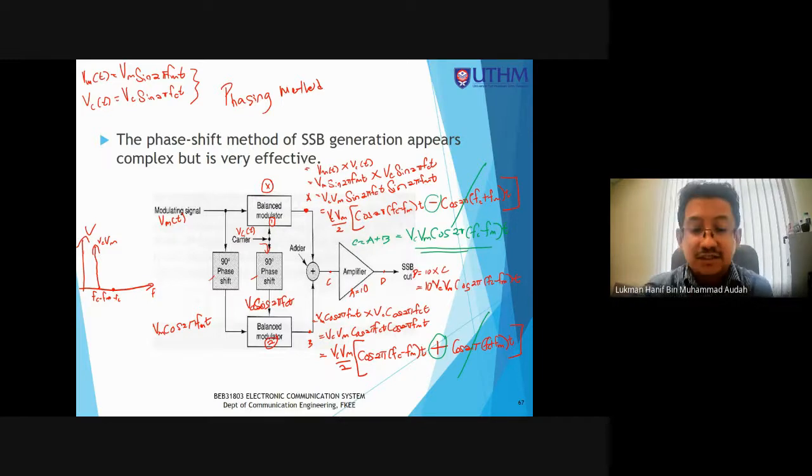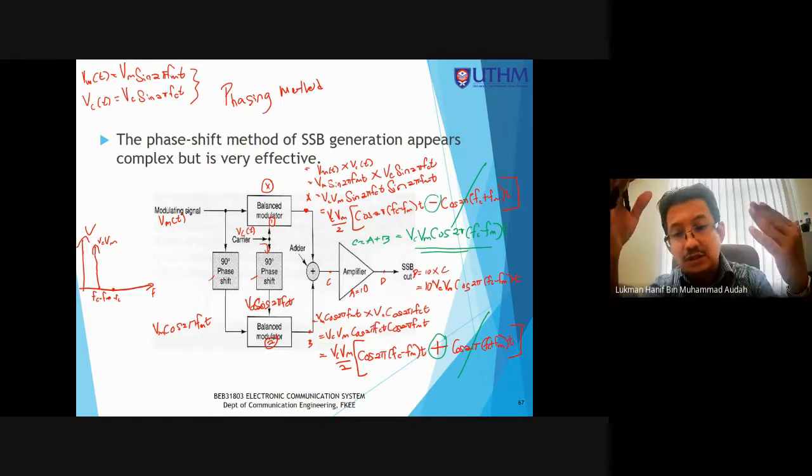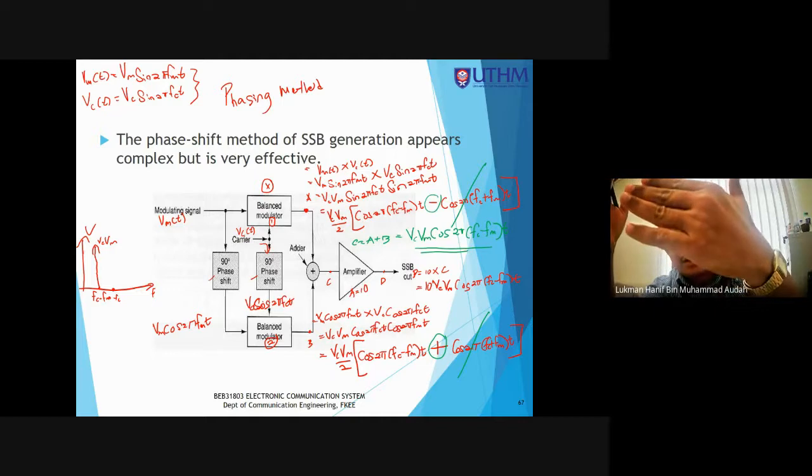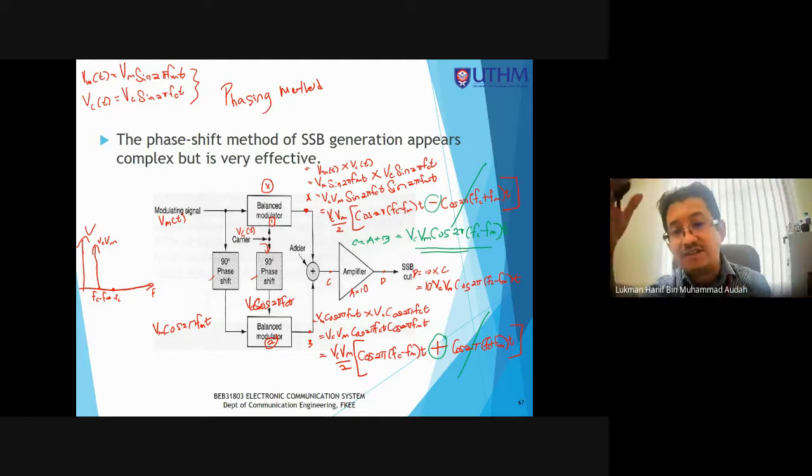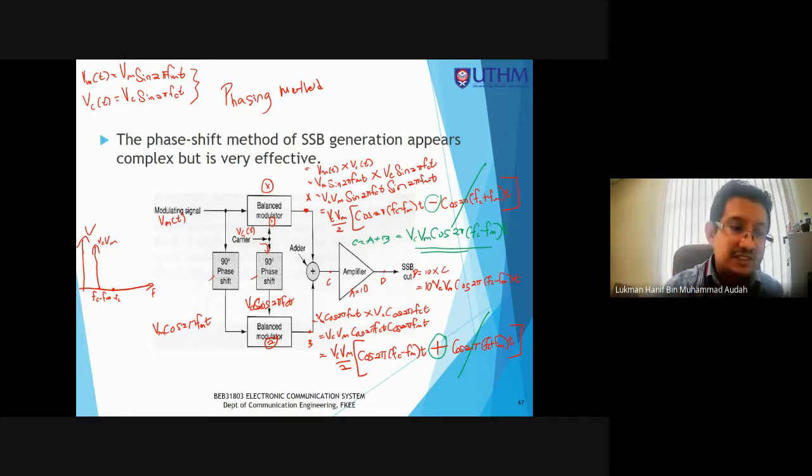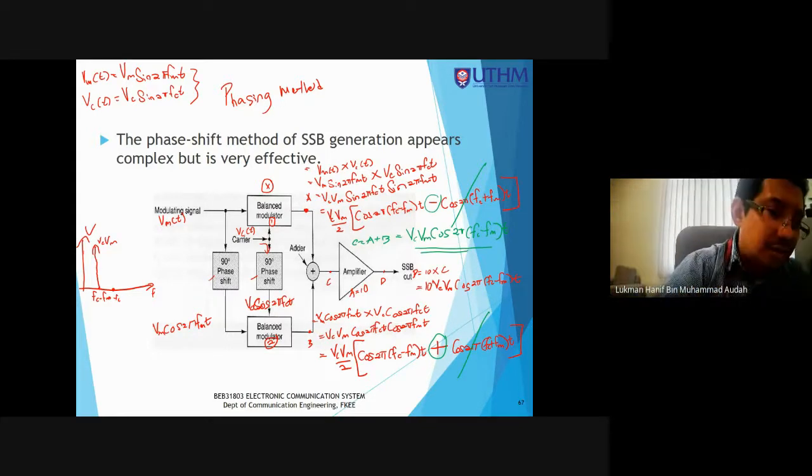Nampak saya darabkan dengan 10. Kerana dia adalah gain, so we multiply with 10 dalam example ini. So gain multiplied with the output from C, so 10 Vc Vm cos 2 pi Fc minus Fm T. Okay, and if we draw the spectrum, that means the spectrum is lower sideband, tetapi dia punya amplitude adalah 10 Vc Vm.